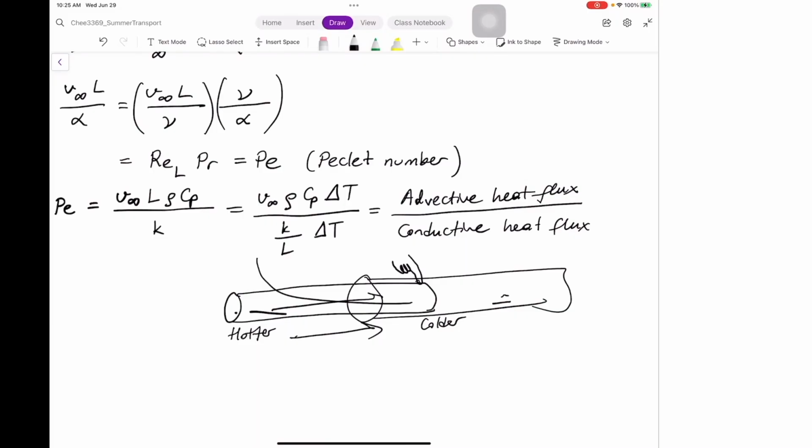So if I just don't move this object, the conductive heat flux is going to dominate, meaning that your Peclet number is going to be very small. But if I start to move this object really fast, not allowing the conduction to happen in a short time, then your advective heat flux will be large. So then you're going to get a large Peclet number, right? So that's the essence of the Peclet number.